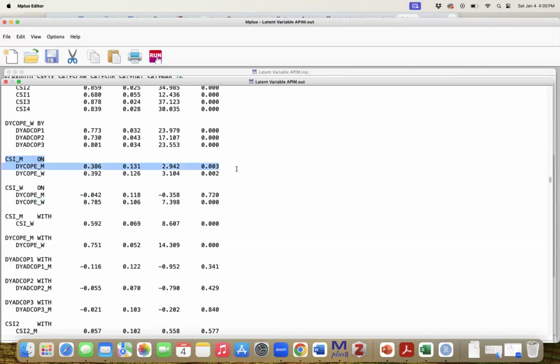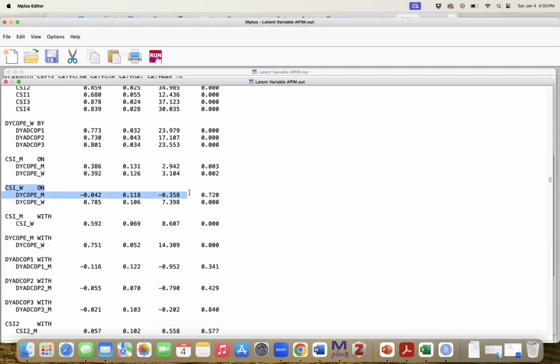And so for men, we'd have a couple-oriented pattern of association where the actor and partner effects are equal, right? So even though we're not testing that, I can say with quite a bit of confidence that these are not going to be significantly different from one another, which means that the ratio of partner to actor is going to be, at the couple level, around 1, right?